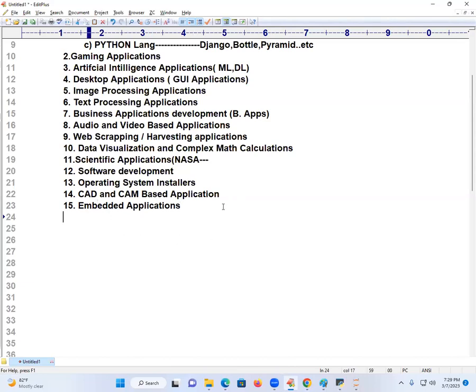Next, I'm going to take the 16th one, IoT based applications. Have you heard about IoT? What do you mean by IoT based applications? Interconnection of home based appliances with external devices. Suppose you are a big industrialist. You are coming to your gate, the gate will open automatically.